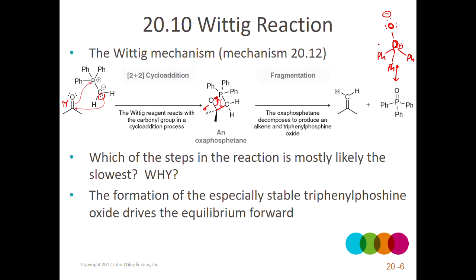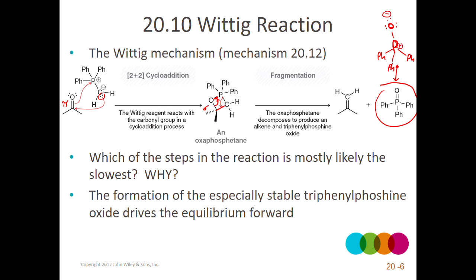So actually, the best way to show this triphenylphosphine oxide product is with the charges here. This is the major resonance contributor, but you'd also see it often shown this way, even though that's the minor resonance contributor. The phosphorus-oxygen bond is quite stable there, and so that helps to drive that reaction forward.